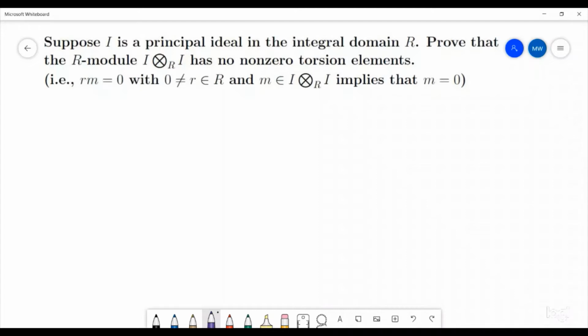Well, to start off, let's use the first isomorphism theorem for modules.